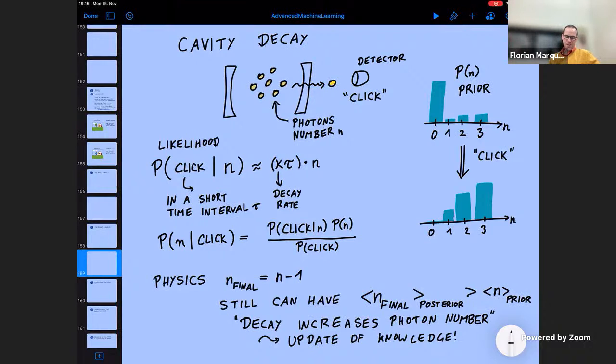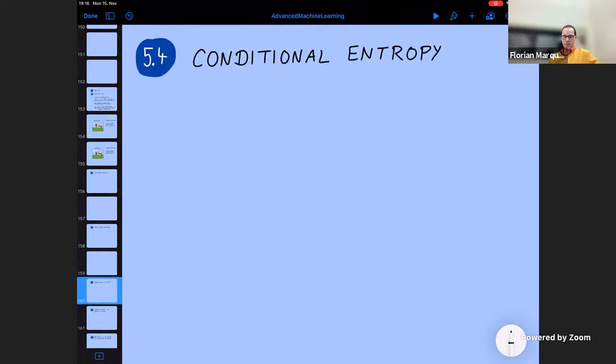Okay, good. So I just made a remark about how the entropy changes when you do this observation. And that brings us to an interesting little side topic, which combines what we learned about the entropy and what we learned about Bayes, and that is the conditional entropy. So let me just directly define the conditional entropy for you.